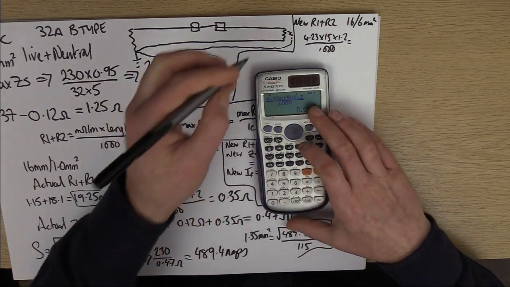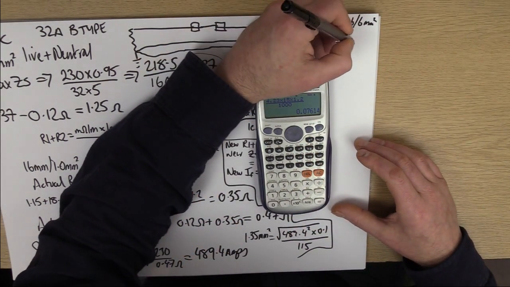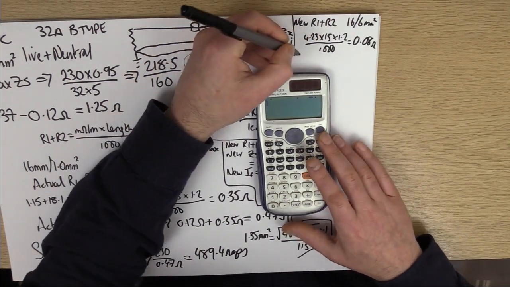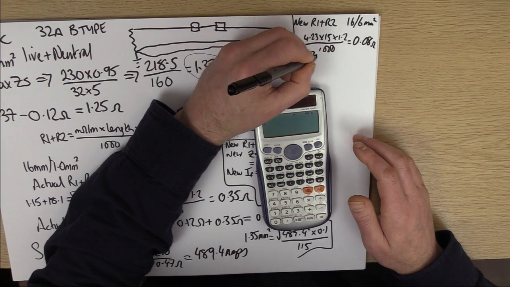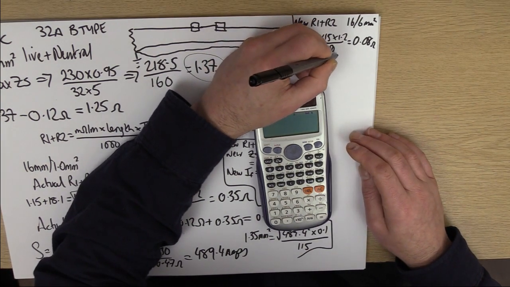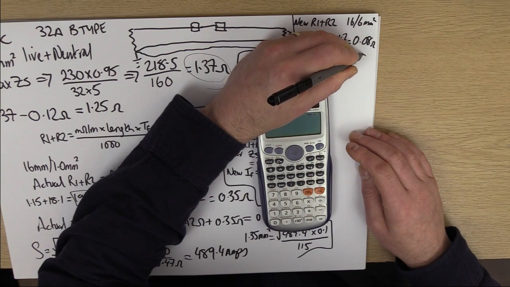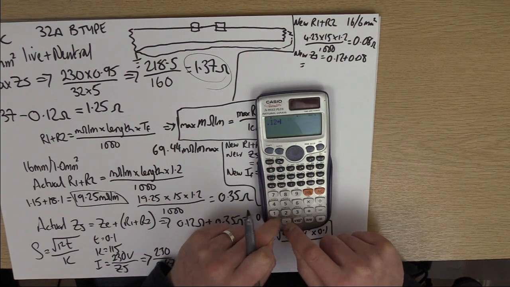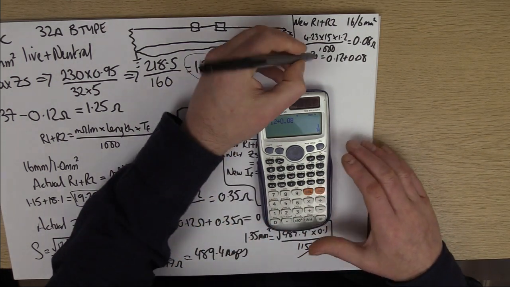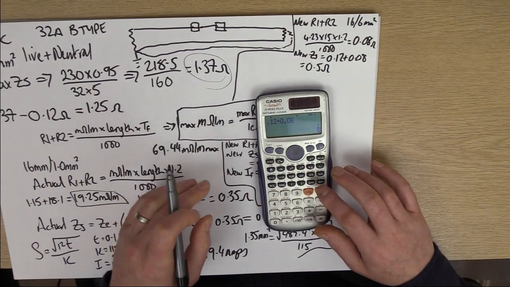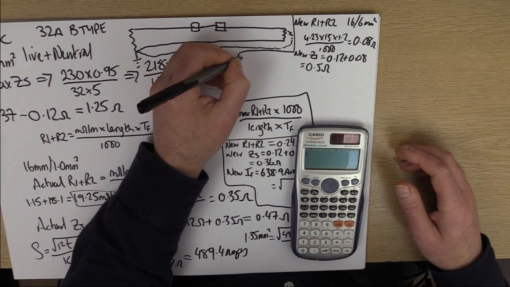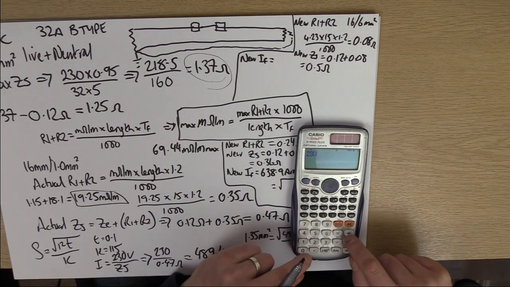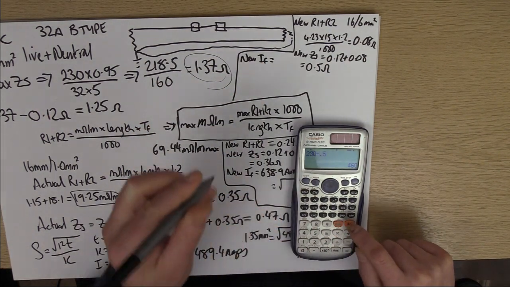So our new R1 + R2 then, very low, 0.08 ohms, which means our new Zs will be 0.12 plus 0.08, a half, which means a new fault current will be 230 divided by half.